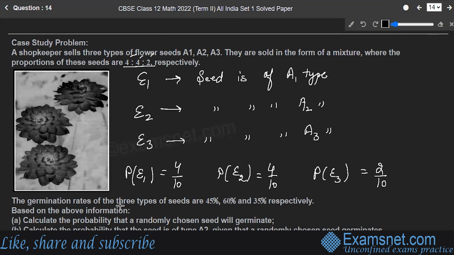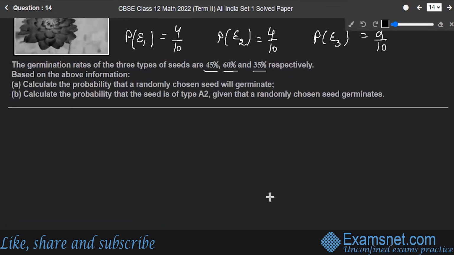Next, it says the germination rates of the 3 seeds are 45%, 60%, and 35% respectively. So I'm not solving anything. I'm not getting to the A and B parts. I'm just analyzing what is given in the question and writing it in formula form.